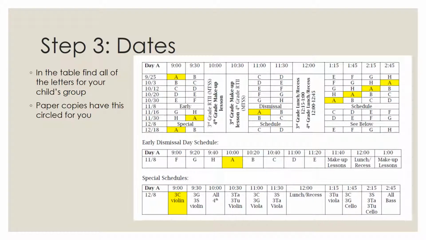For example, using Day A, Group A, their first lesson is Monday, September 25th, and their lesson is at 9 a.m. The next week, their lesson is at 2:45 p.m. Then, on October 12th, their lesson is at 2:15.